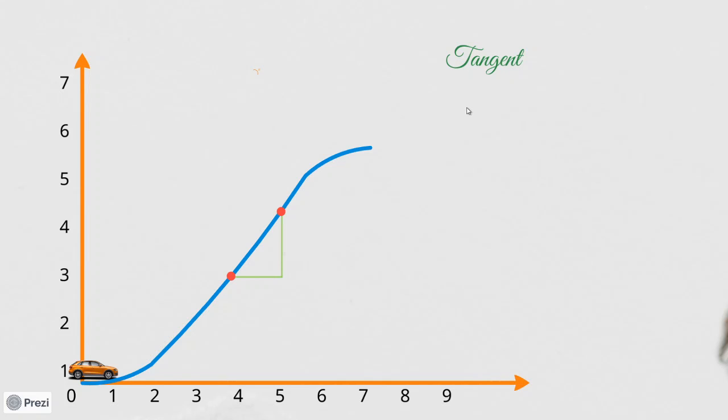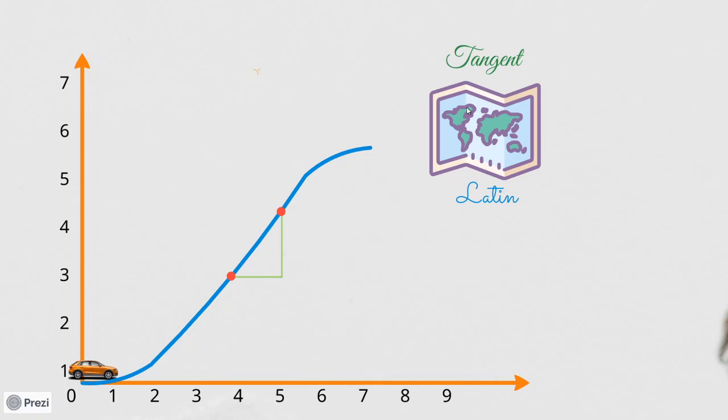It is now used in English, but it actually comes from the Latin language, where tangent means touching. It is from this word that we get English words like tangible.